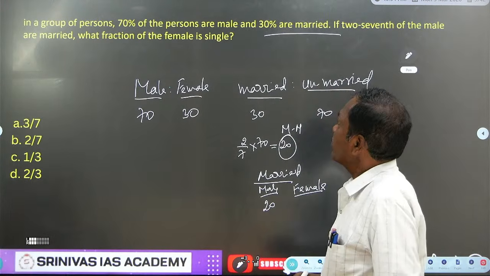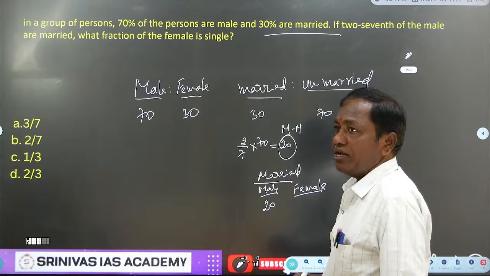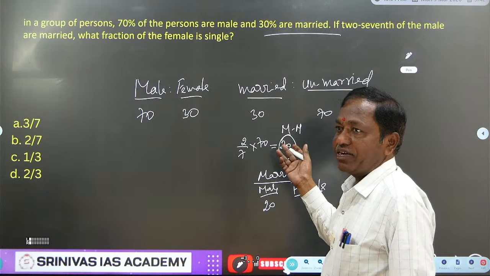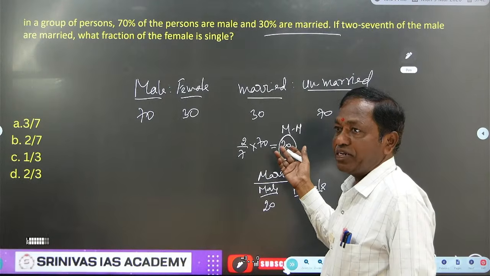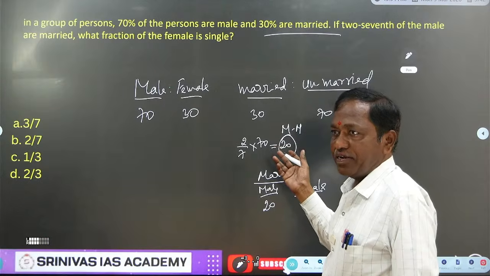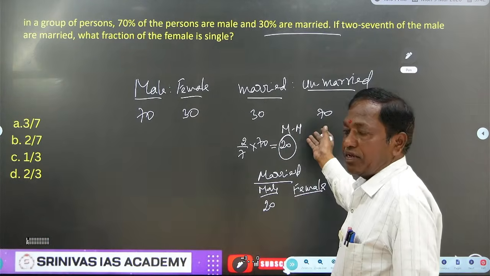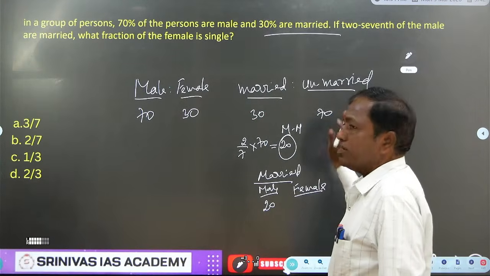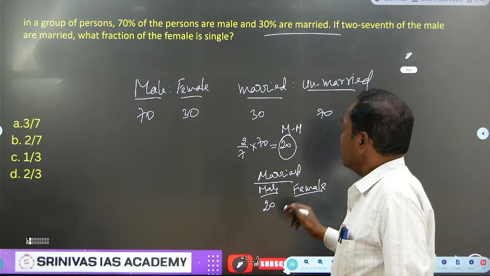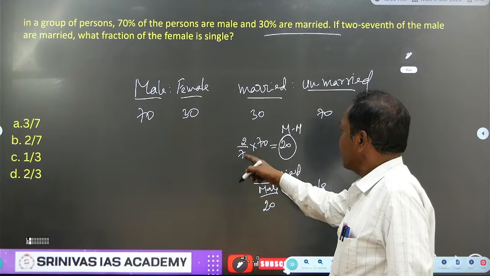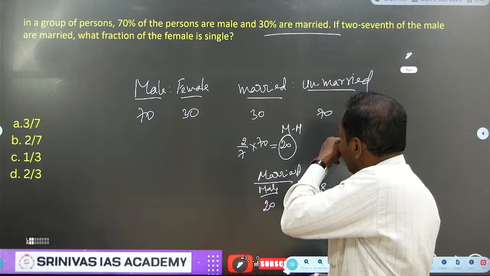The numbers are not given, so what else can we do? Let the number be 100. 30% are married, so married is 30, unmarried 70. 2/7 of the 70 males are married.